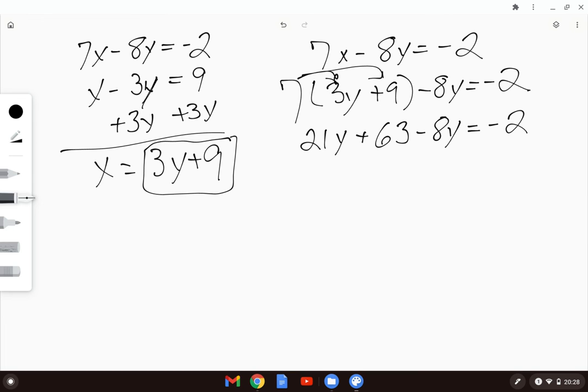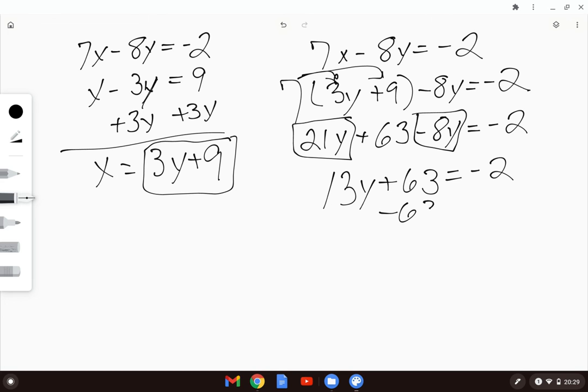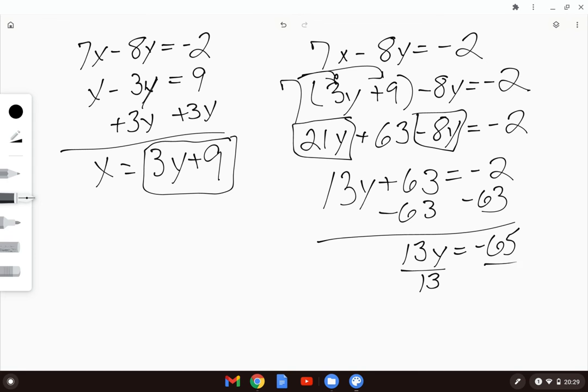All right, now when I combine my like terms, you need to remember that this negative is in front of the 8, so I treat that as 21y minus 8y, which will give me 13y, plus 63 equals negative 2. Subtract 63 from both sides. 13y is a negative 65. Divide both sides by 13. And y will equal a negative 5.